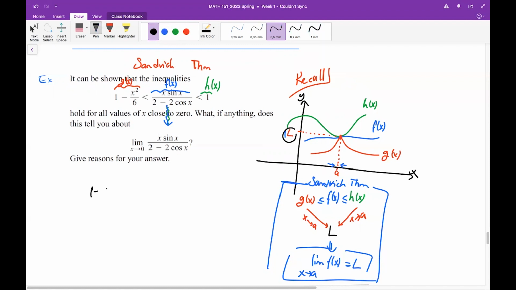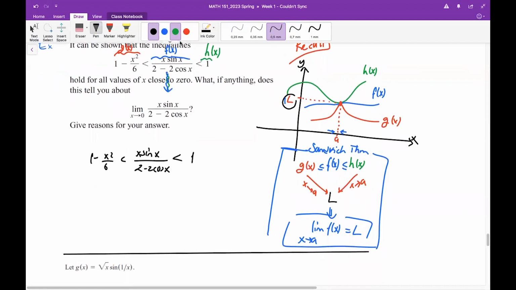Let me rewrite these inequalities here: x times sine x, 2 minus 2 cosine x, like that. Okay, so what does the sandwich theorem tell us? Just look at the limits of the upper and lower bounding functions as x goes to 0. Okay, let's do that first.